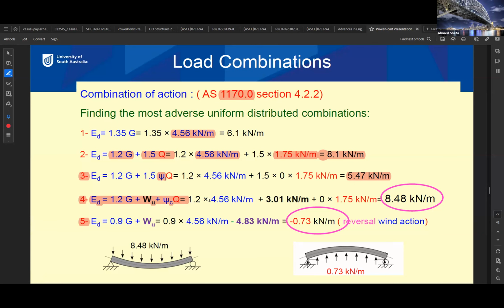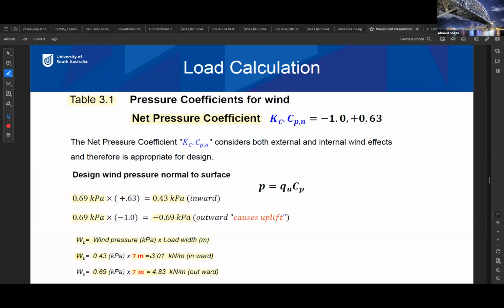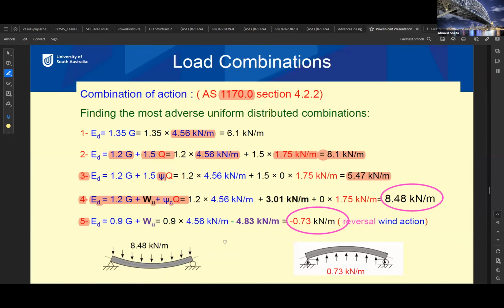So again, 1.2 times 4.56, the dead load, plus W ultimate, if you go back here, this inward 3.01. So we just put 3.01 plus psi C also 0. So we have the final value is 8.48 kilonewton per meter.